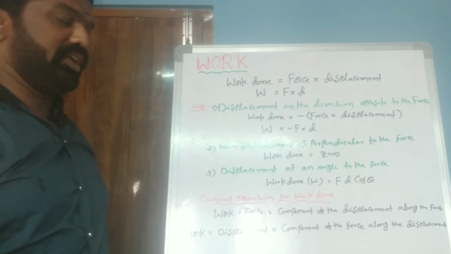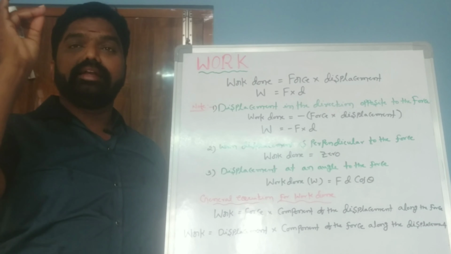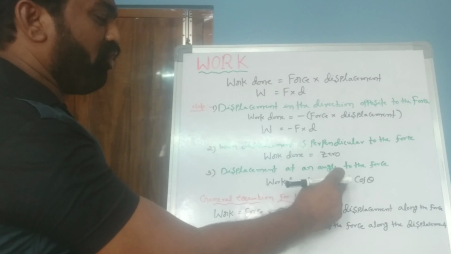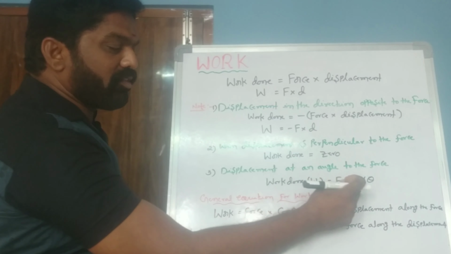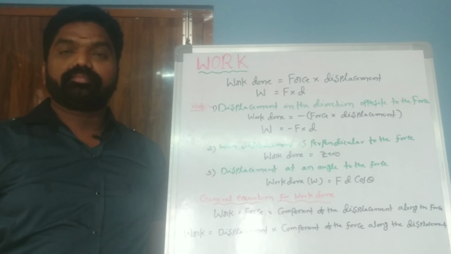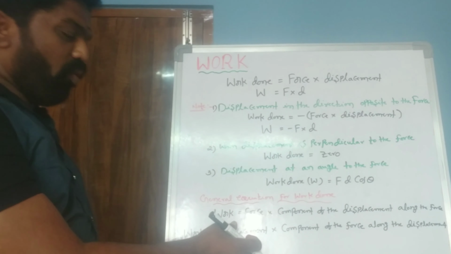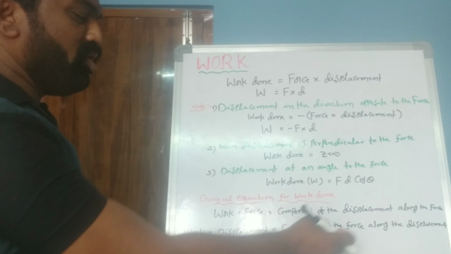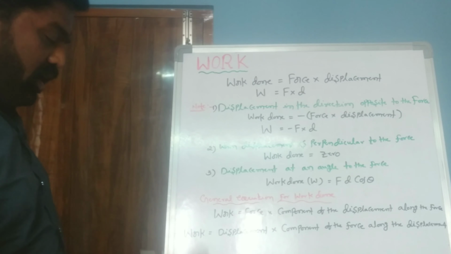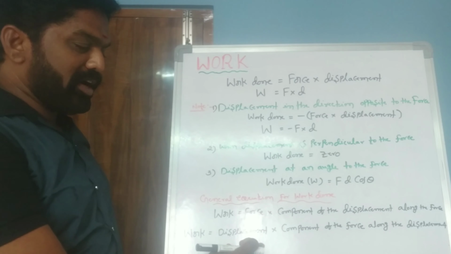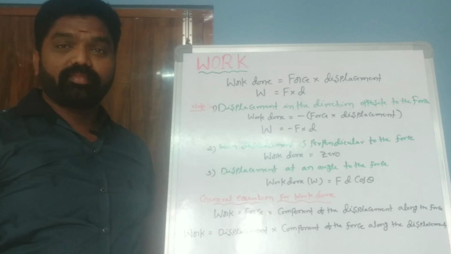If the displacement is at an angle to the force, then W = F D cos theta, right? The general equation for work done is work equals force into component of the displacement along the force, or work equals displacement into component of the force along the displacement, right?